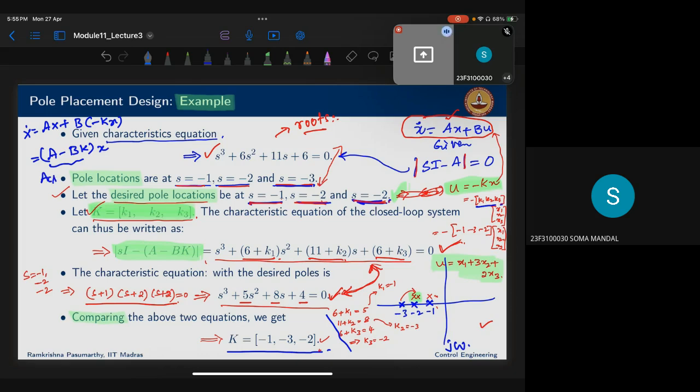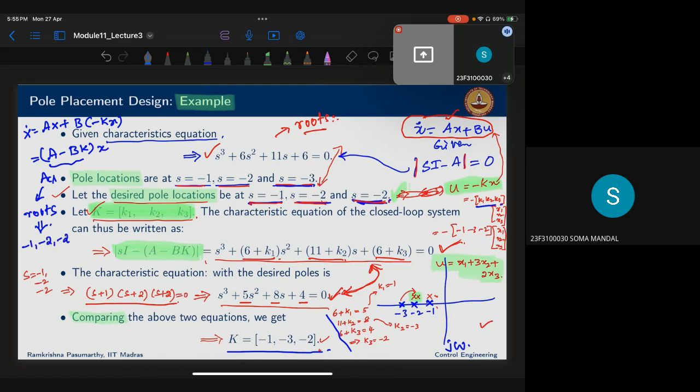Once you have ACL and find the roots, can you tell me what the roots of ACL are going to be? Sir, -1, -3, -2.